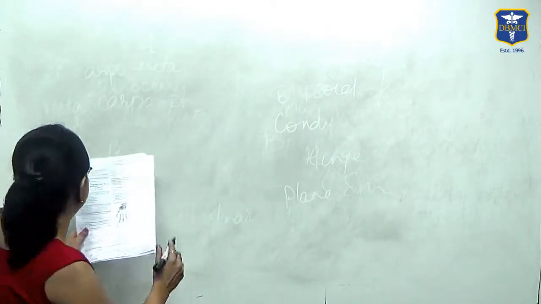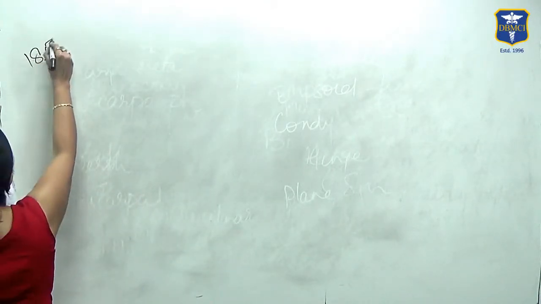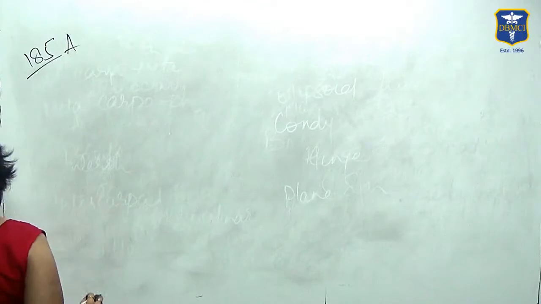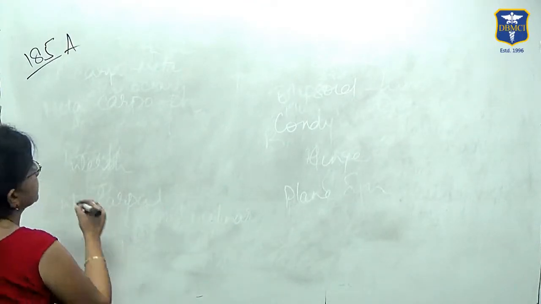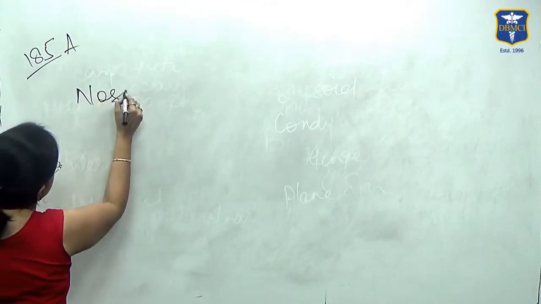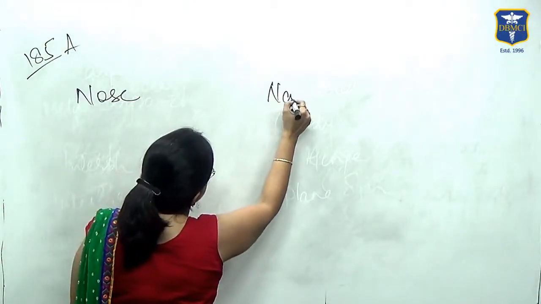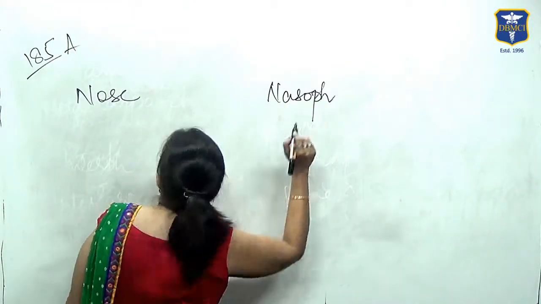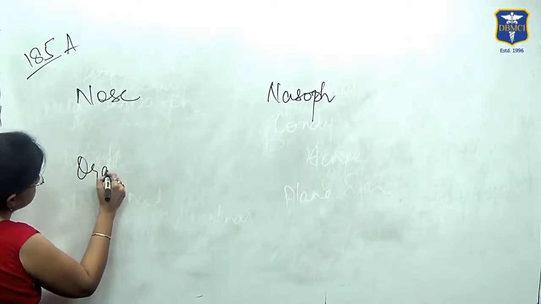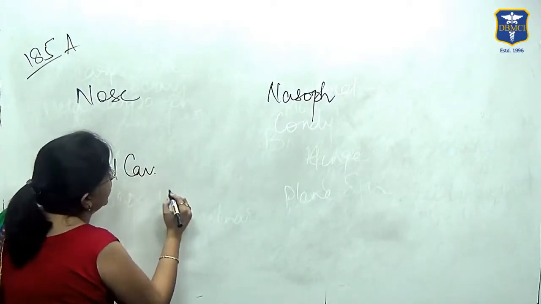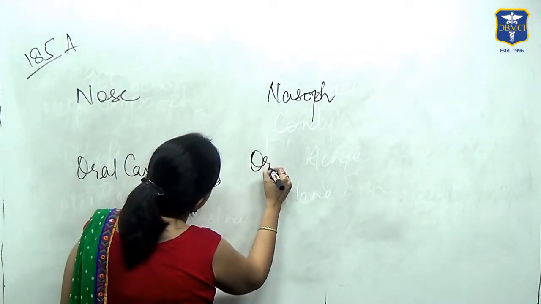Question 185, the answer is A. This is the nose. Behind it is the nasopharynx. This is the oral cavity, and this is the oropharynx.